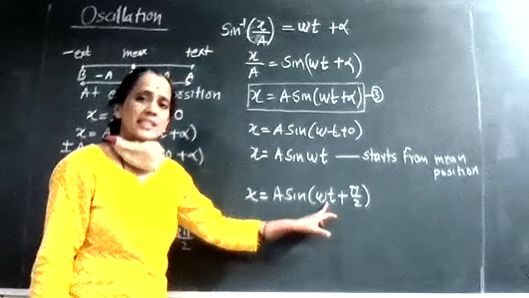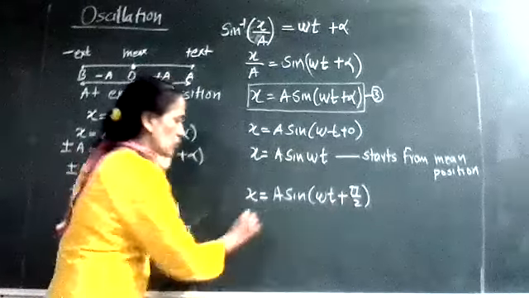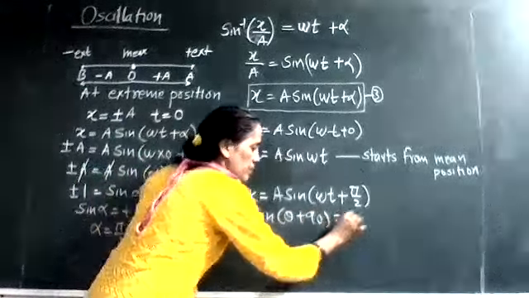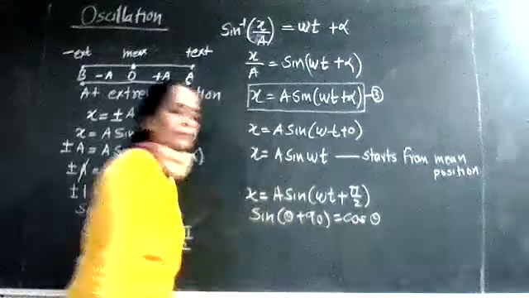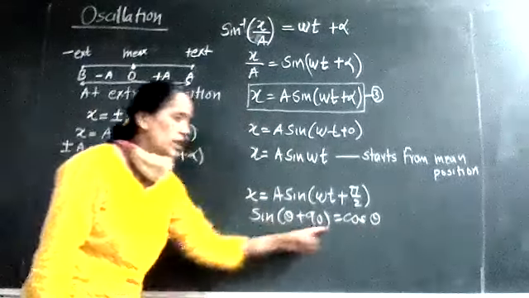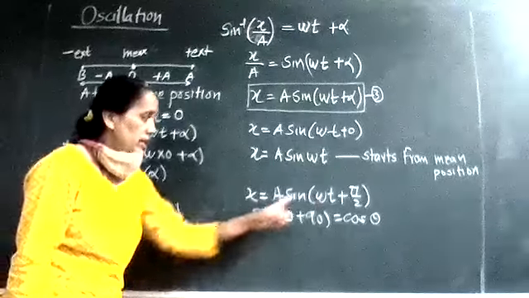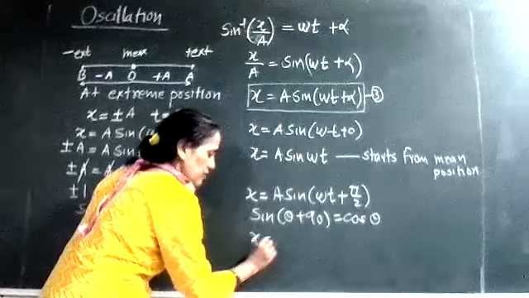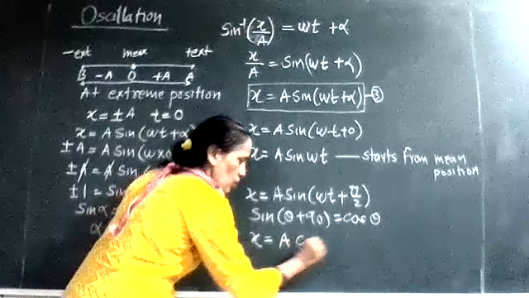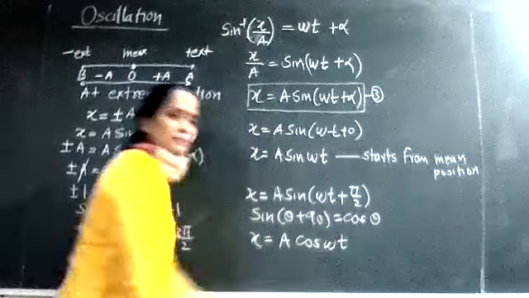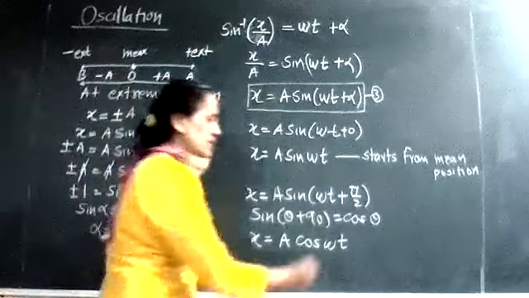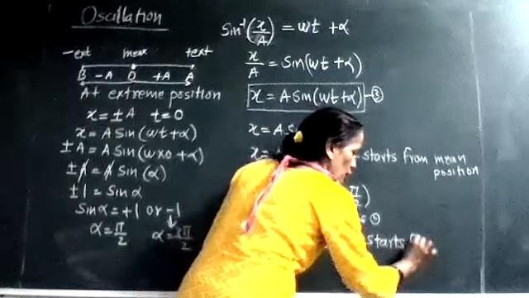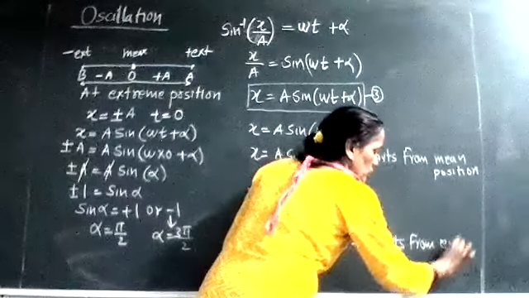Calling omega t as theta, theta plus 90. You have a trigonometric identity: sine of theta plus 90 can be written as cos of theta. Here my theta is omega t. So I get the displacement equation x is equal to A cos omega t. And this is nothing but my displacement equation when your particle starts from extreme position.